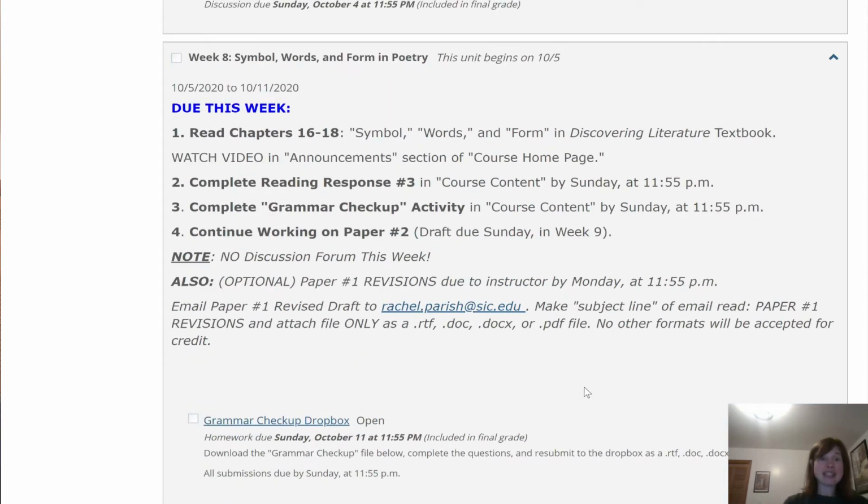Now, for week 8, this week, not only do you have your grammar checkup and your reading response number 3 due, but if you've decided to revise paper 1, some of you have already turned these revisions in, that's great. But if you decide to revise paper 1, you can make those revisions and email me those changes by this Sunday.